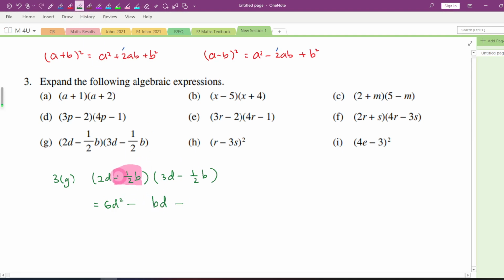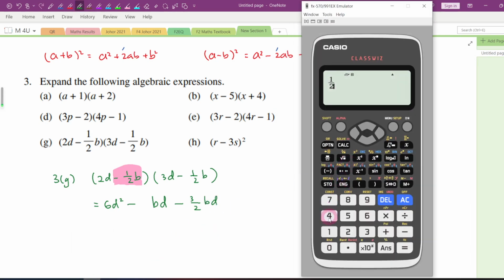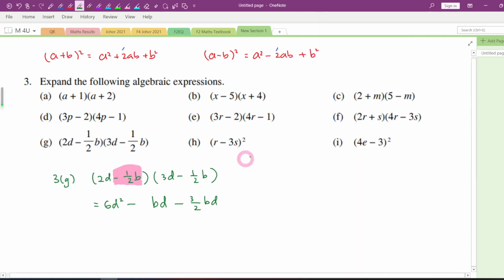Why? Because this is negative, this is positive, right? Negative, positive, this is negative. 3 over 2 bd. You can press 1 over 2 times 3, you get 3 over 2. Negative, positive, you get negative.